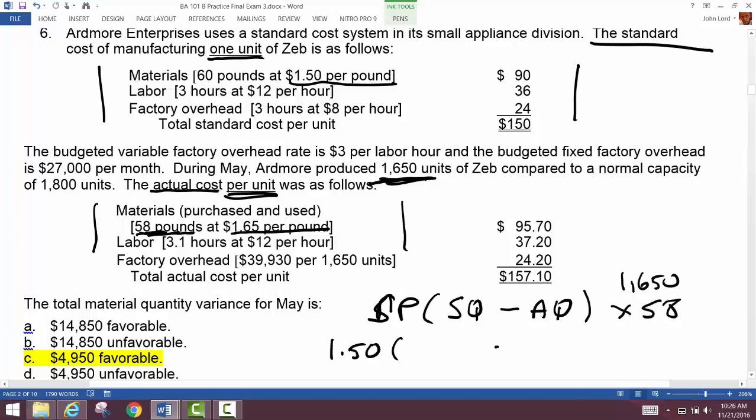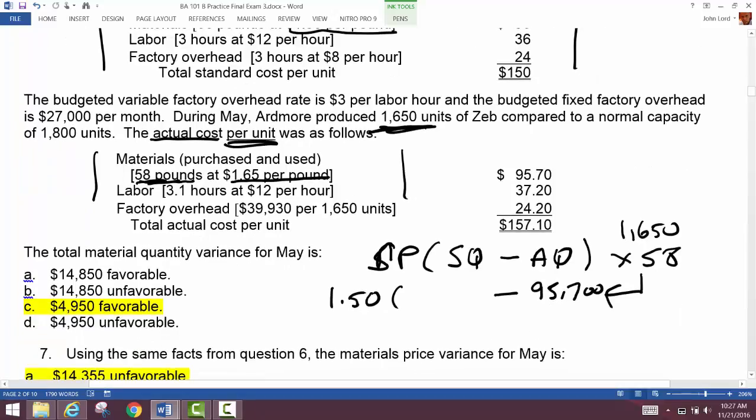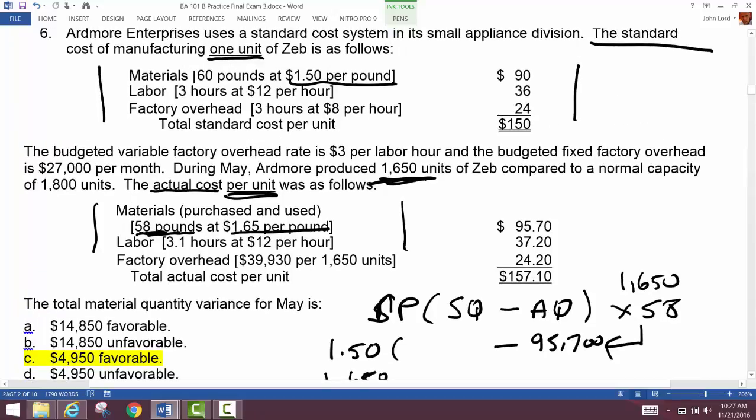So the actual quantity they used is 95,700. They produced 1650 units and used 58 pounds a pop. And up there, they tell me I was supposed to use 60 pounds per unit.